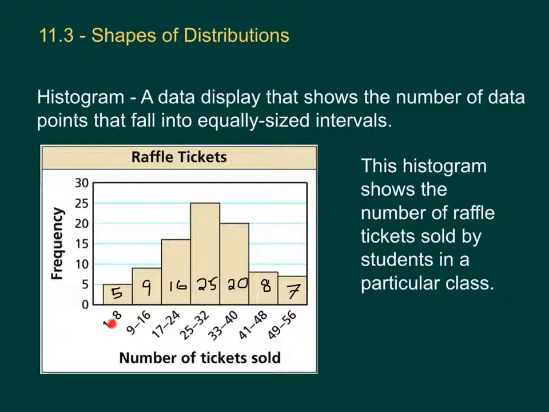Anyways, the one thing we can figure out is which of these 7 intervals is home to the median. The way we do that is we figure out where the middle number would be. If you look at all of these numbers here, they add up to a total student population of 90 students.